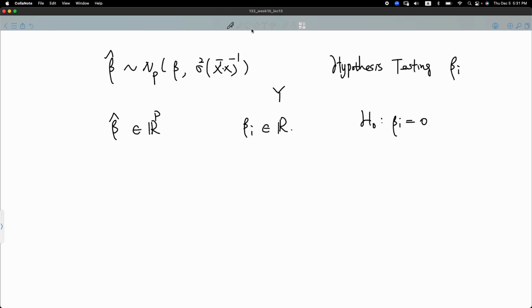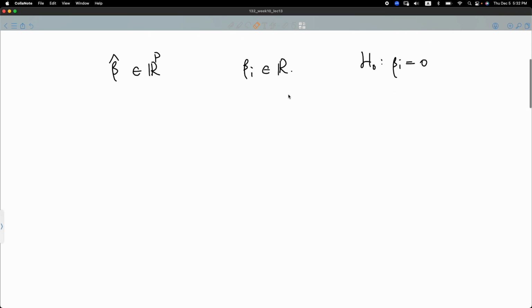Okay, so that is the reason why we want to do hypothesis testing, to gain some knowledge regarding which features are important to help you to predict with your model. Okay. So now we need to know more about what is the distribution that enables us to perform hypothesis testing.